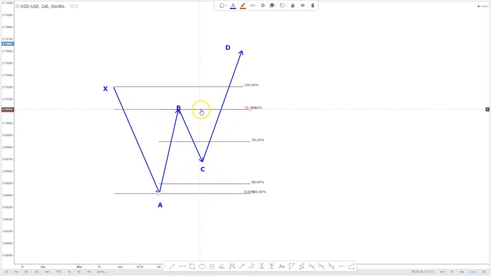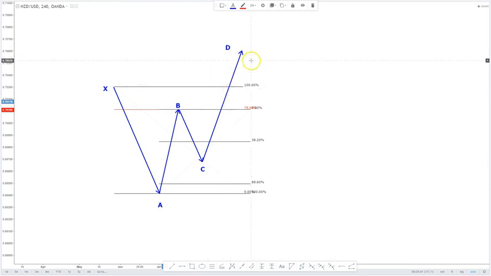The alarms go off in your head when you see that 786 retracement, and then it bounces off of there, fails to break the low, and starts climbing again. That's when you start looking: if it breaks the B point, then I'm going to look for that extension to see if it's going to break the X point. For sure you're going to get some type of extension pattern.